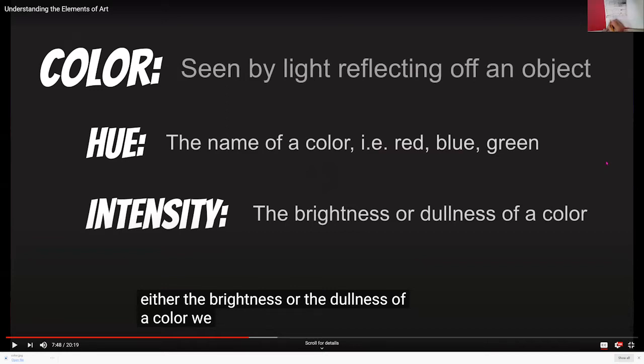All right, so hue, write down hue. This time underline it. The name of a color. It's also pure color.